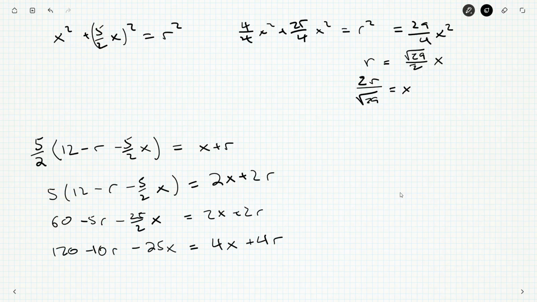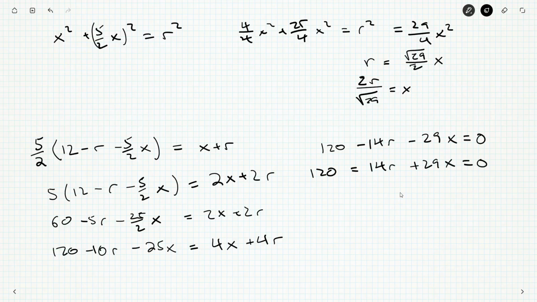Alright, and then 120 minus 14r minus 29x is equal to 0. Or I guess I should say 120 is 14r plus 29x.